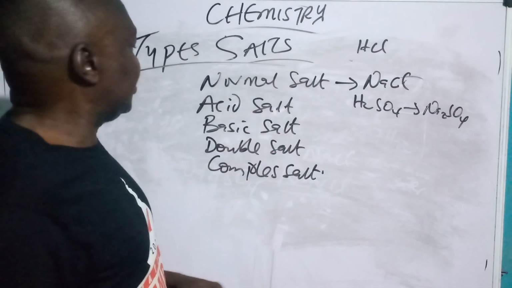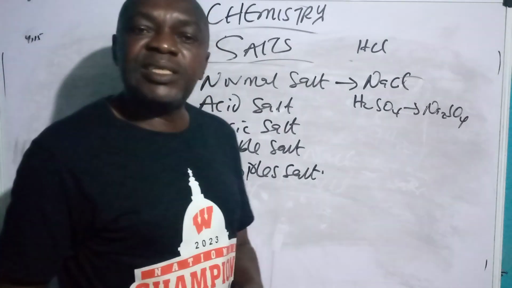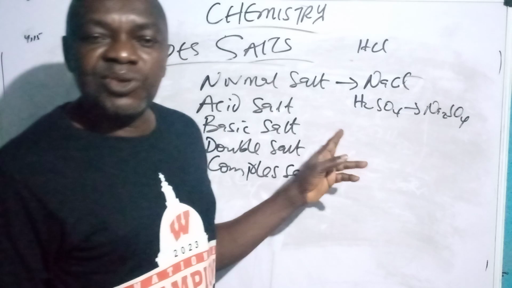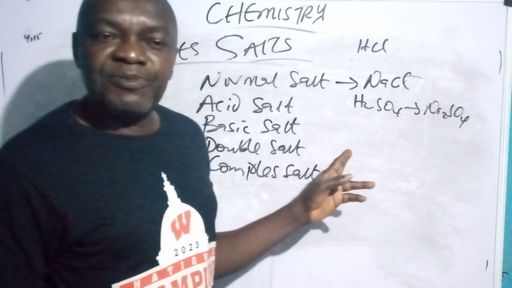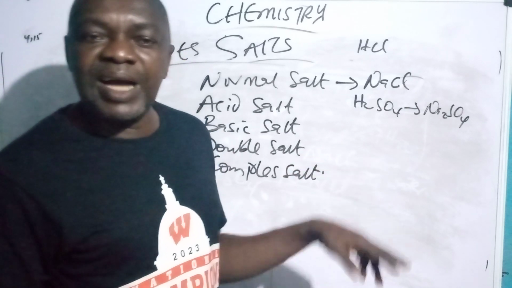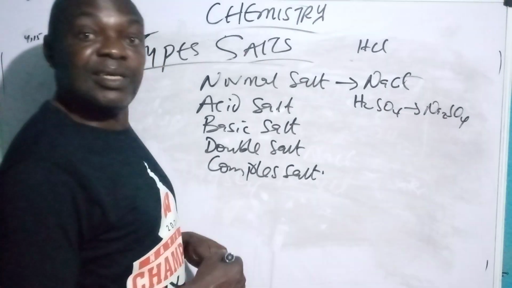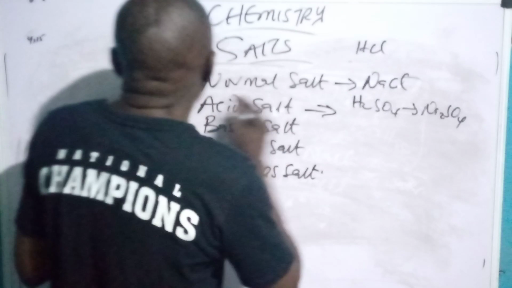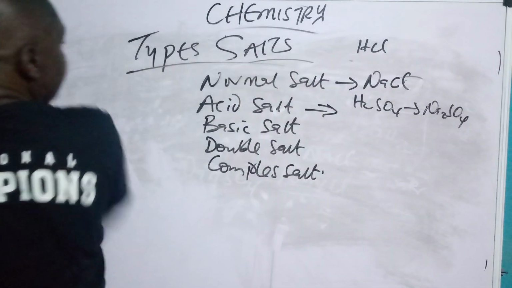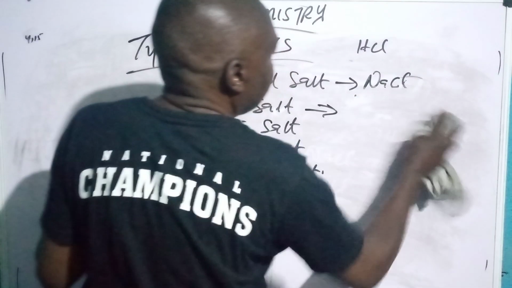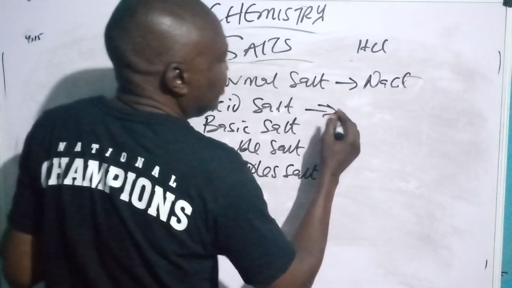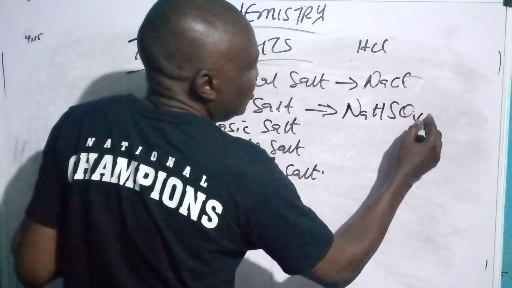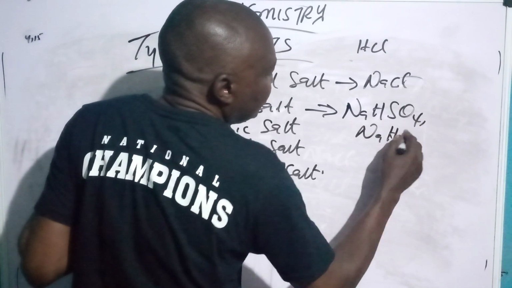Then you have acid salt. Acid salt is a salt formed when there is partial replacement. All the ionizable hydrogen ion is not completely replaced. Most often it occurs when you have more acid in the solution than the base. You can easily identify it by seeing hydrogen still present, NaHSO4 or NaHCO3.